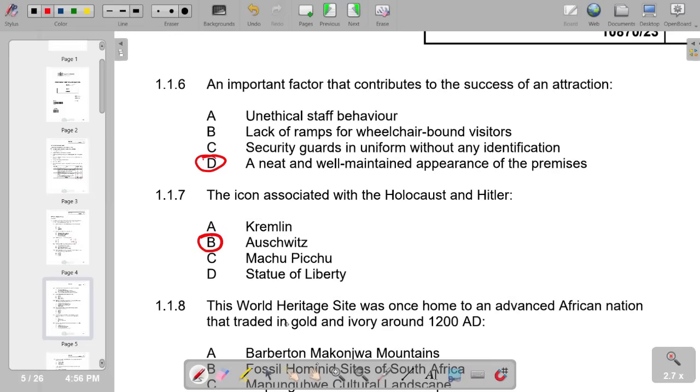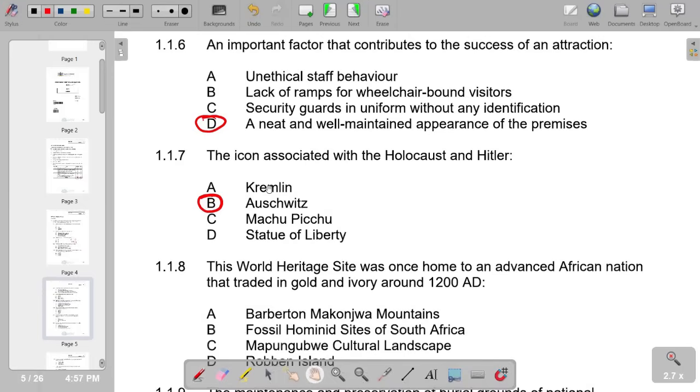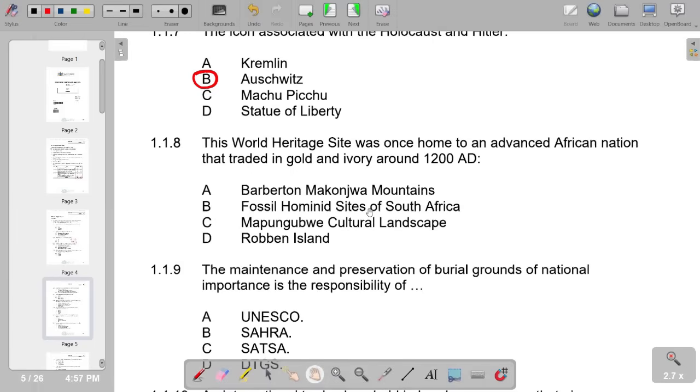And we've got number 8. The World Heritage Site was once home to an advanced African nation that traded in gold and ivory around 1200 AD.